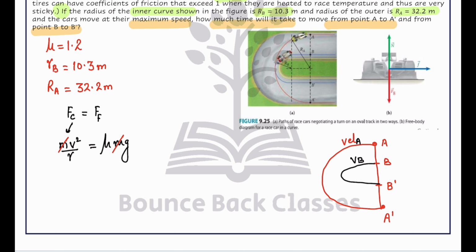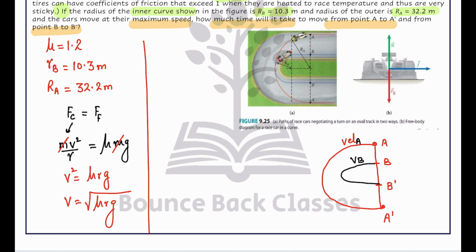So what we need to find? v square equals mu r g. So v is equal to root of mu r g. Is that fine?